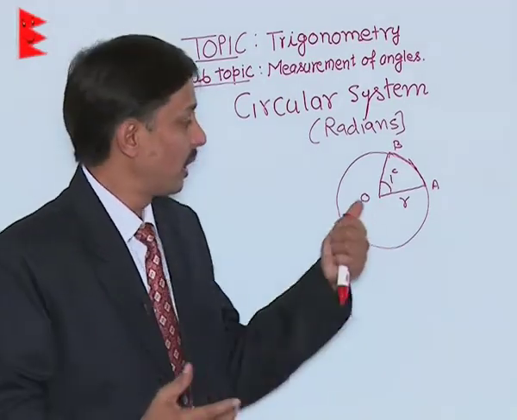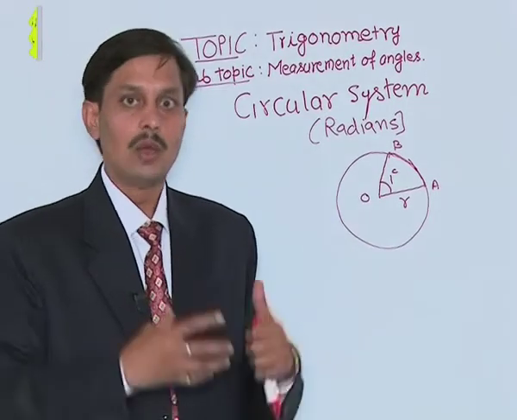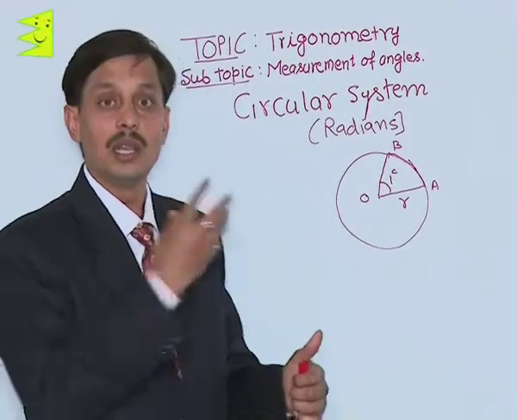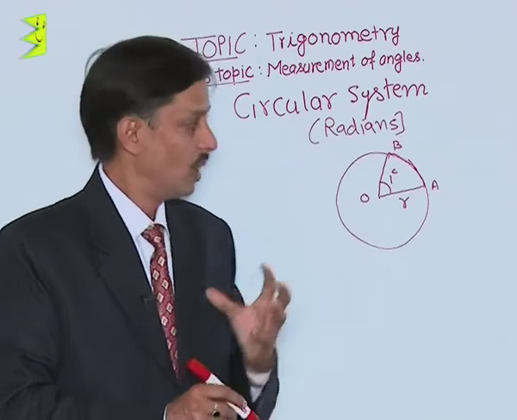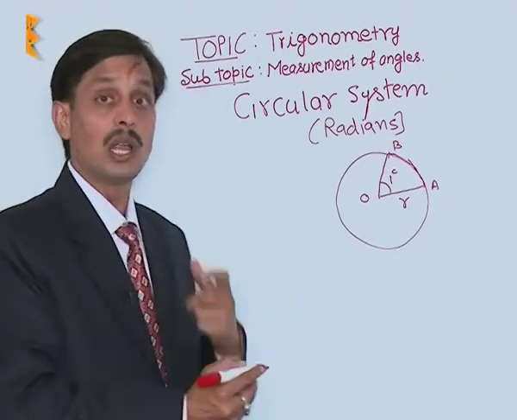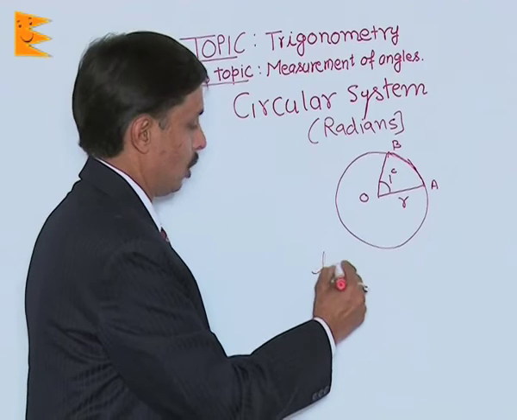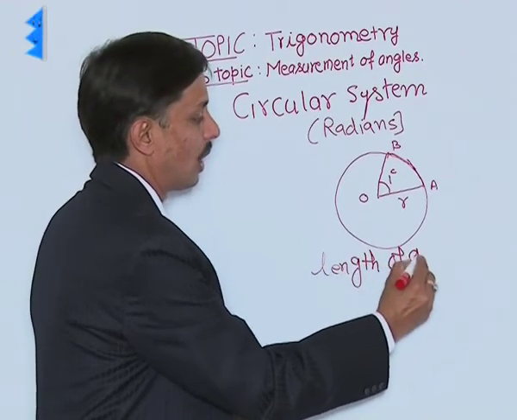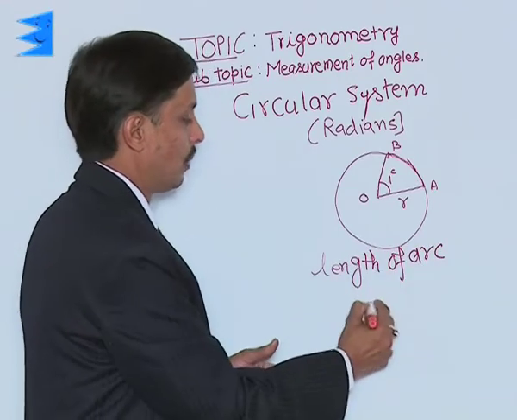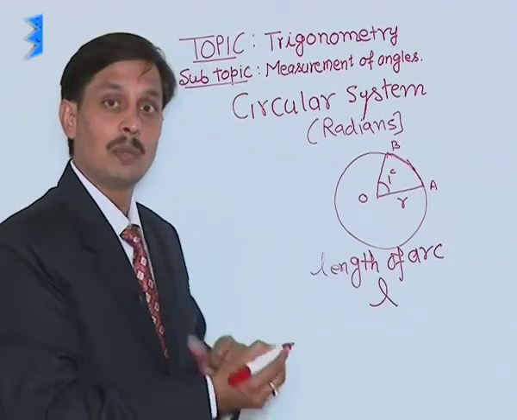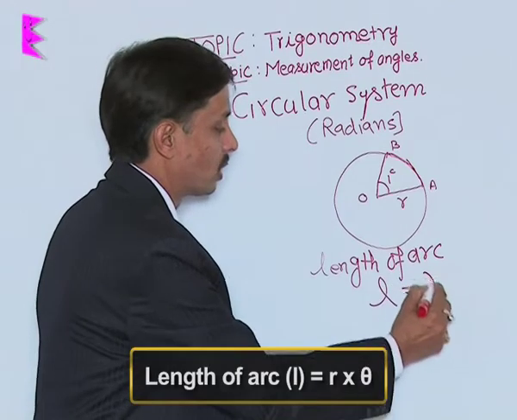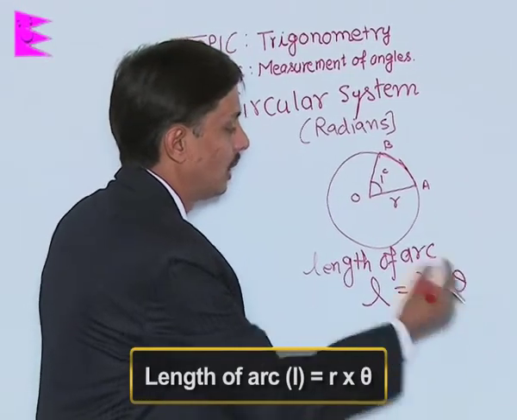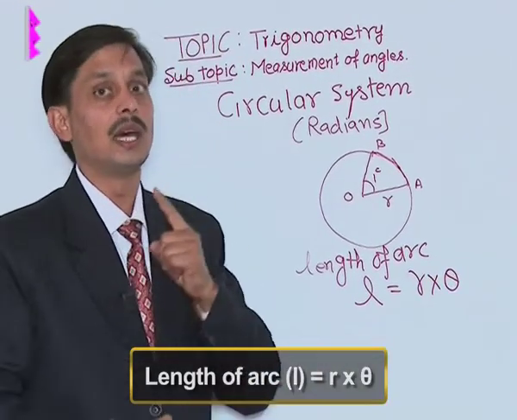Now, what is the method for applying this in our various results? As and when we talk about the length of an arc, symbolically we represent it by small l, which equals r into theta, where theta is the angle.